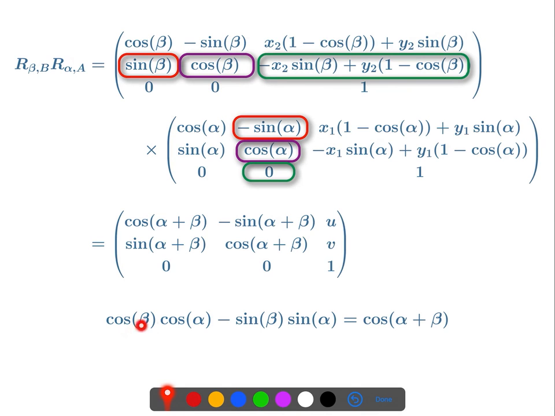So that does give us the same thing we had here, maybe in a different order, but we're going to have cosine alpha cosine beta minus sine alpha sine beta. And again, that will be cosine of alpha plus beta. So we do have the second row and second column giving us what we want, the cosine of alpha plus beta.